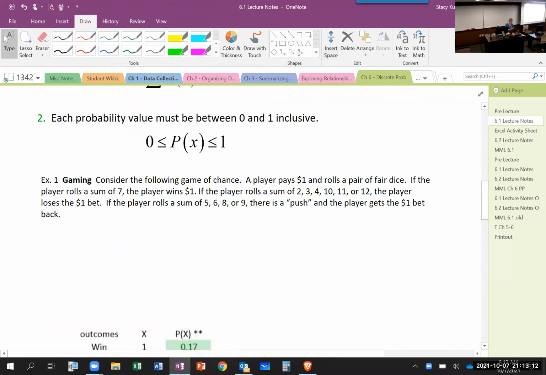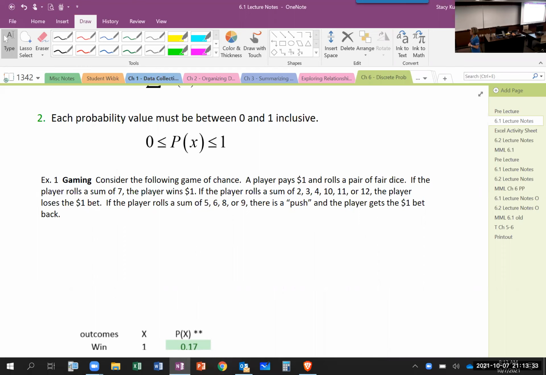The game that we're going to play says that there's 3 outcomes. We're going to roll 2 dice. If I roll a 7, I win $1.